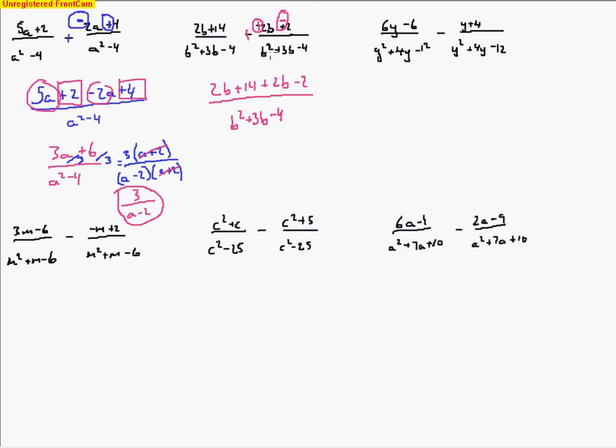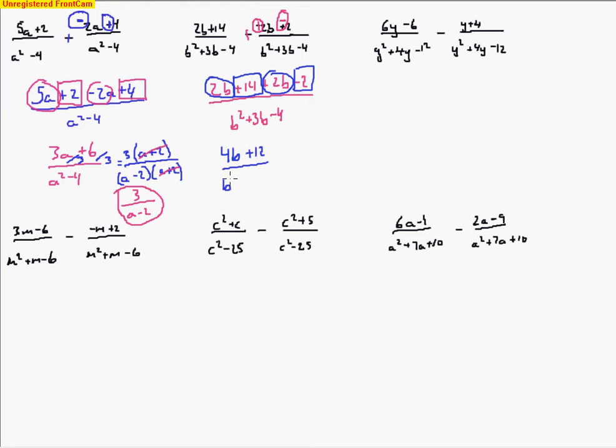I can do that because we have the same denominators. Now collect terms. I've got the 2b and the 2b, that makes 4b. And we have a 14 here and a negative 2 over here, so that makes positive 12.